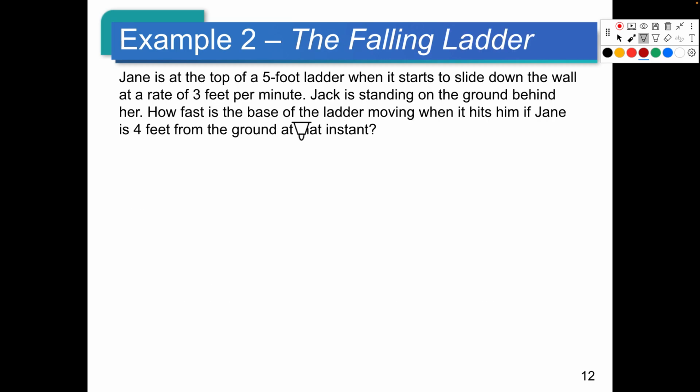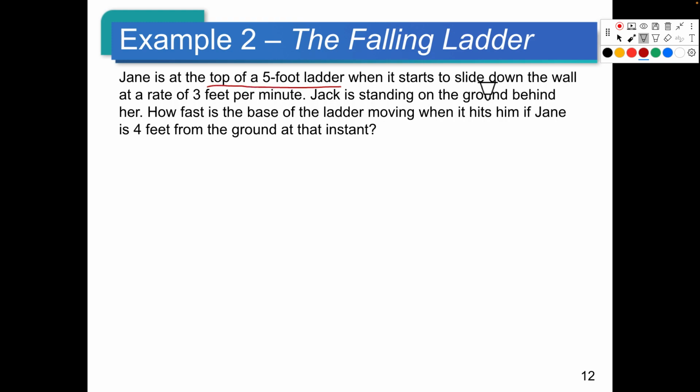And same thing with this one. We'll work through it, and then the textbook will slowly write it out, just if you need to take another look. So this is a different setup. It's not a circle. So we've got Jane at the top of a 5-foot ladder. The top.